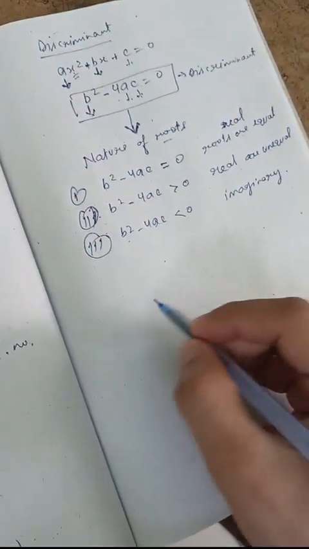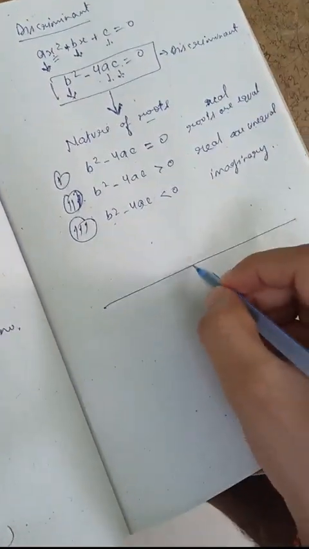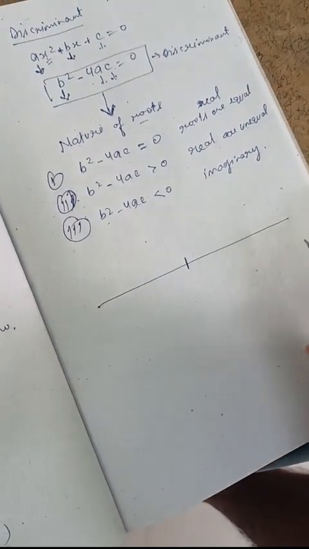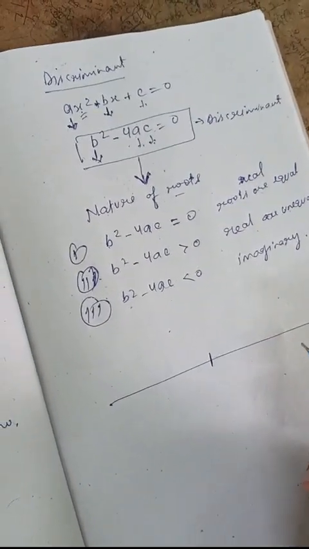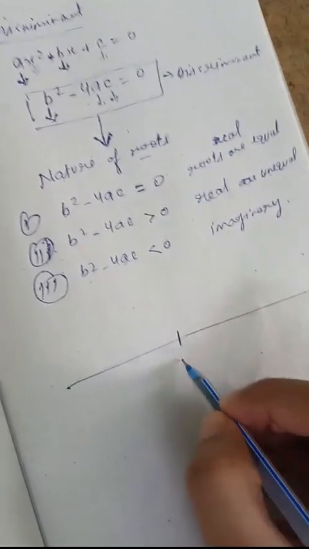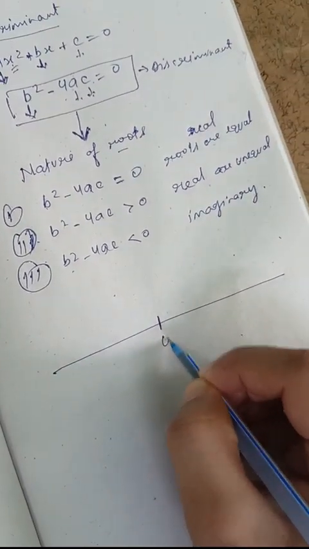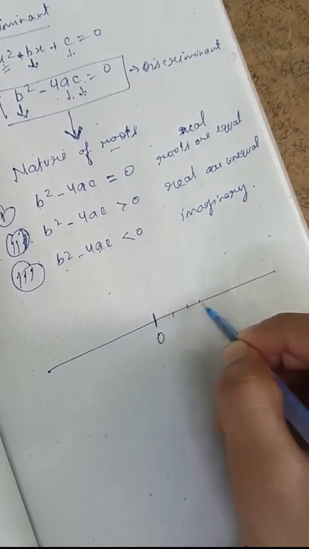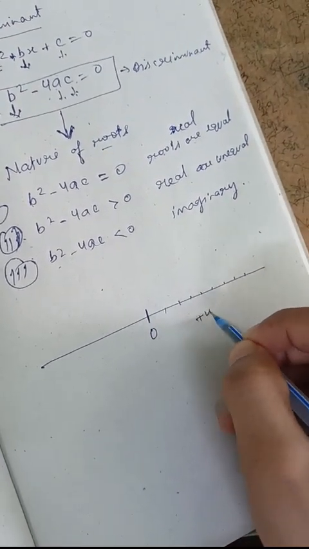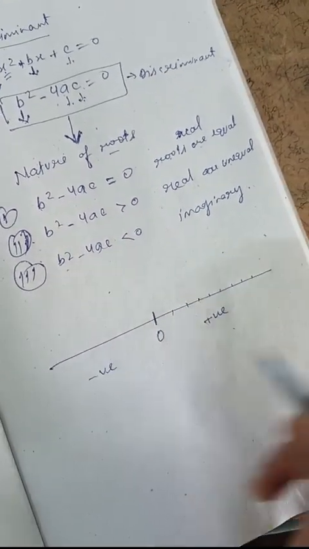As you know about the representation of our number line, that number line starts from 0, and the numbers which are greater than 0 are known as positive numbers, and the numbers which are less than 0 are known as negative numbers.